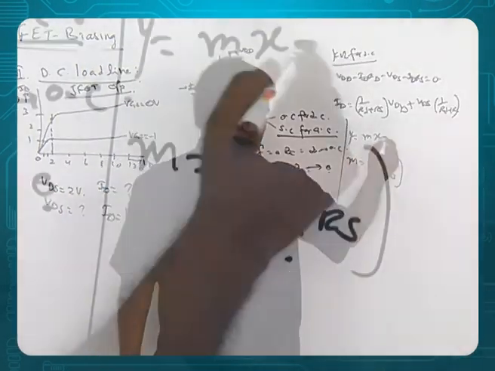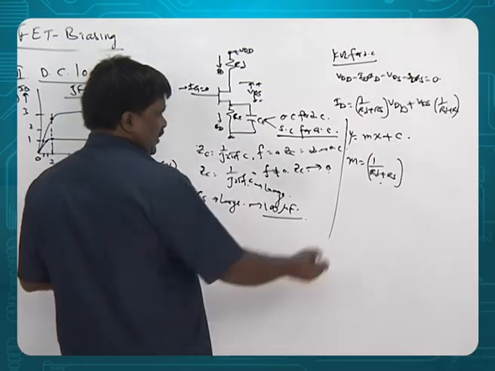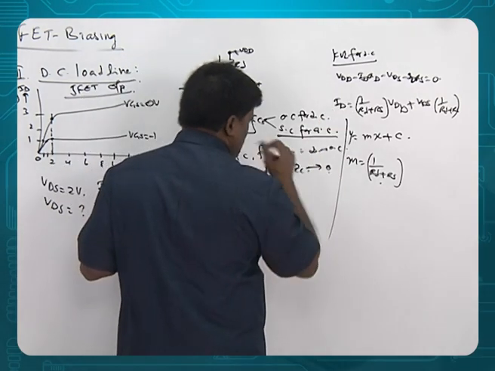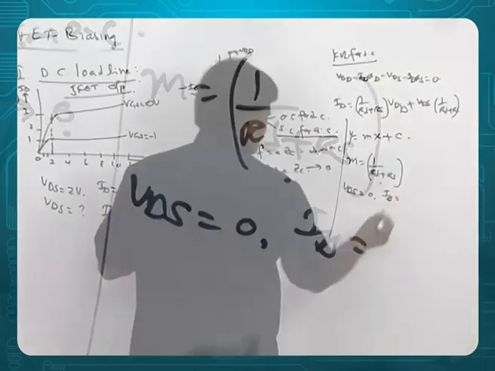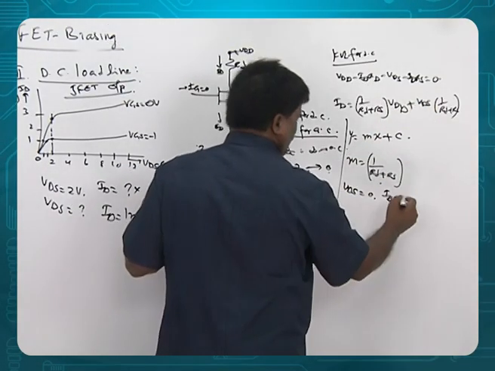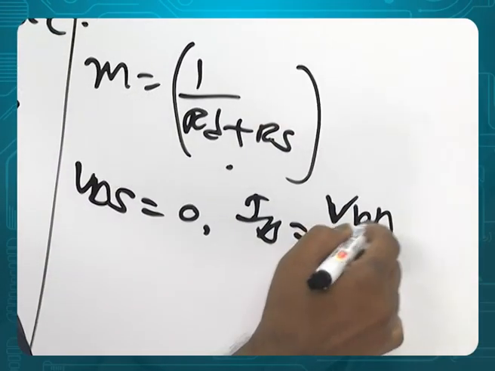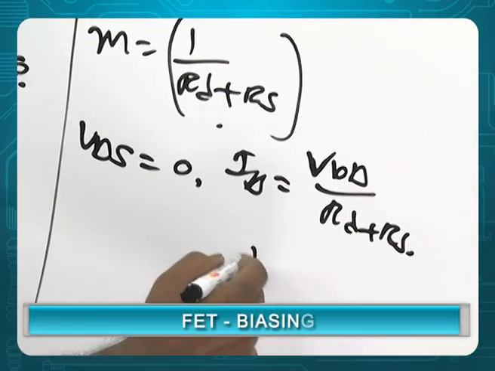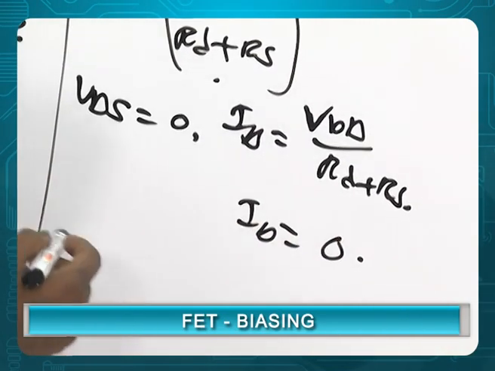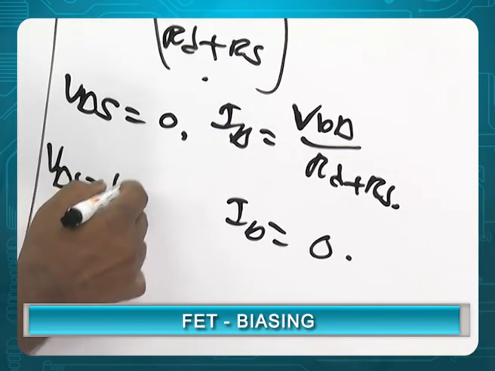And now you ask for the same equations: for VDS 0, what is ID? For VDS 0, ID is VDD by (RD plus RS). For ID is 0, VDS is VDD.